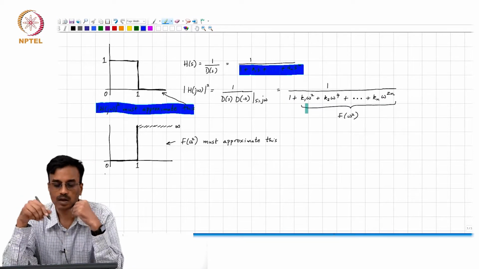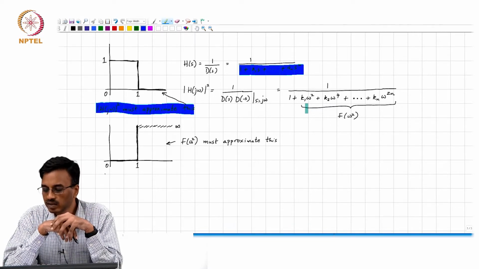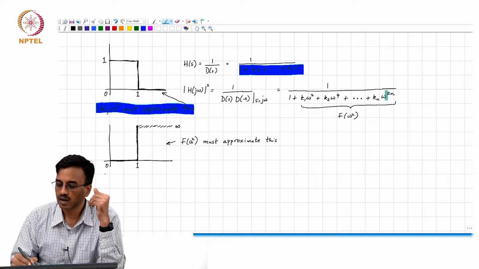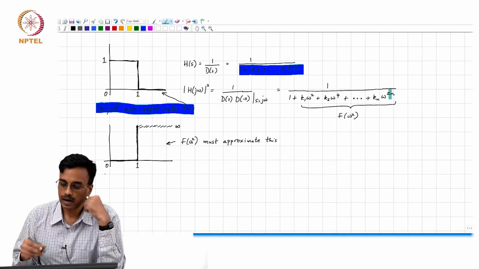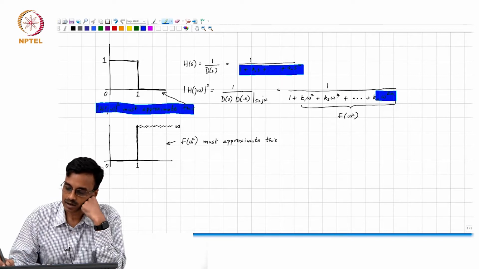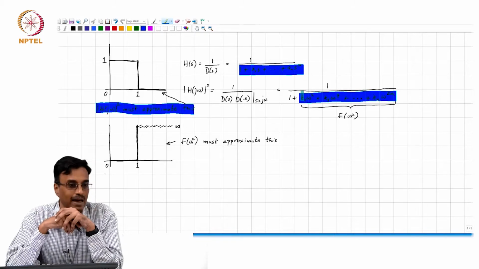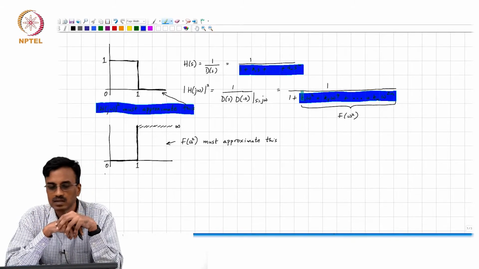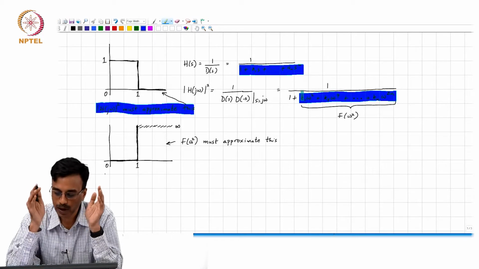So, it must be a polynomial in omega squared, and there must be n coefficients that appear in the denominator. And we denoted this part of the denominator squared polynomial by f of omega squared, signifying that the function is a function of omega squared.